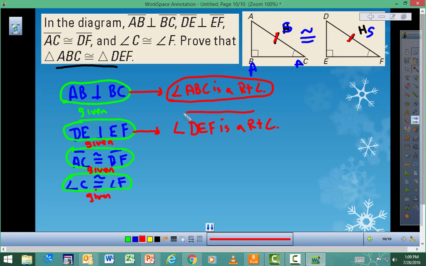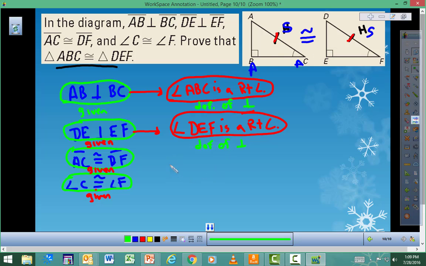So I'm going to put a little bubble around that one. Remember, underneath I need to write down the reason that I could say this. Well, the definition of perpendicular means you have right angles. So the reason is definition of perpendicular. And this one also is definition of perpendicular.